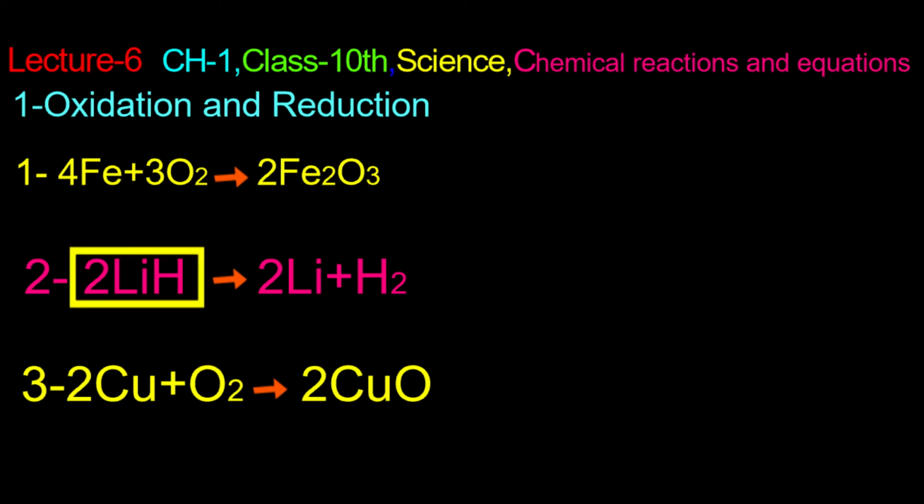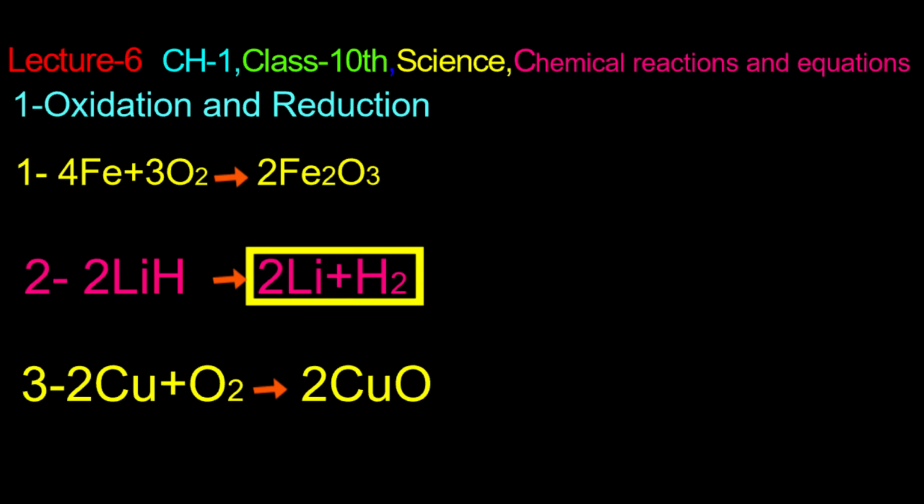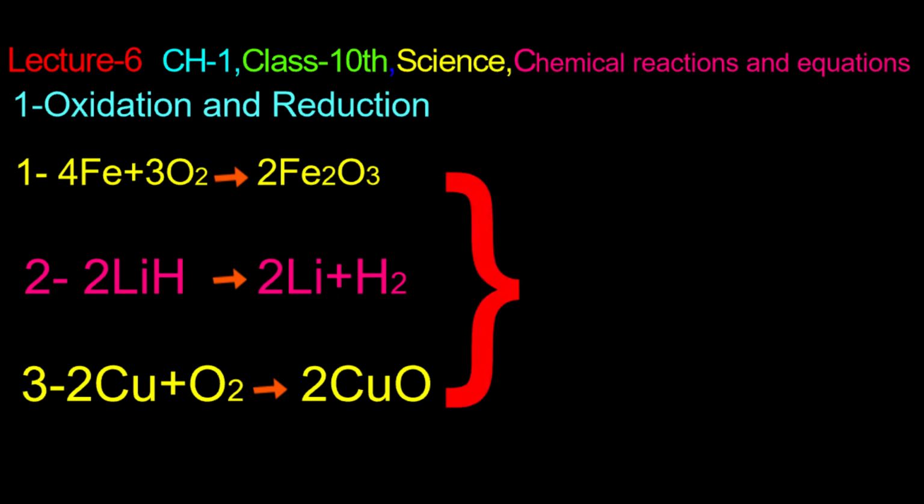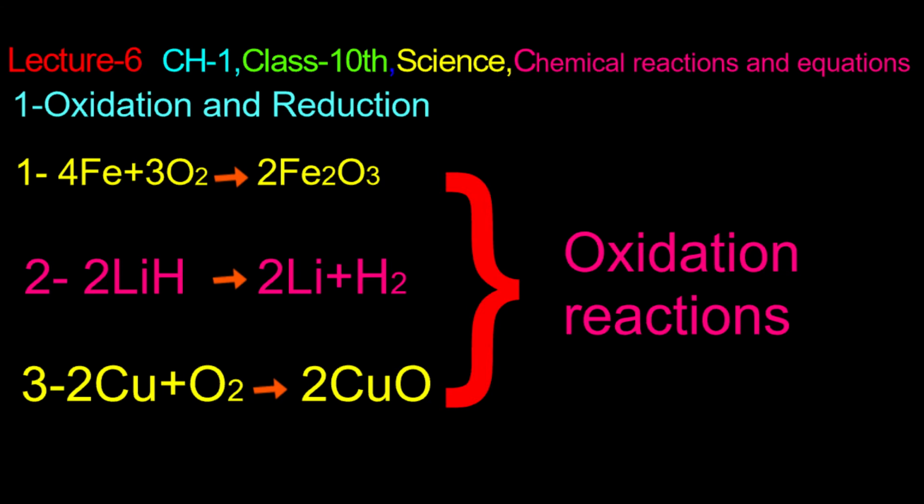In second reaction, lithium hydride produces lithium and hydrogen. Therefore, all these reactions are oxidation reactions. Means when hydrogen is removed, that is also oxidation. And when oxygen is added, that's also an oxidation process.